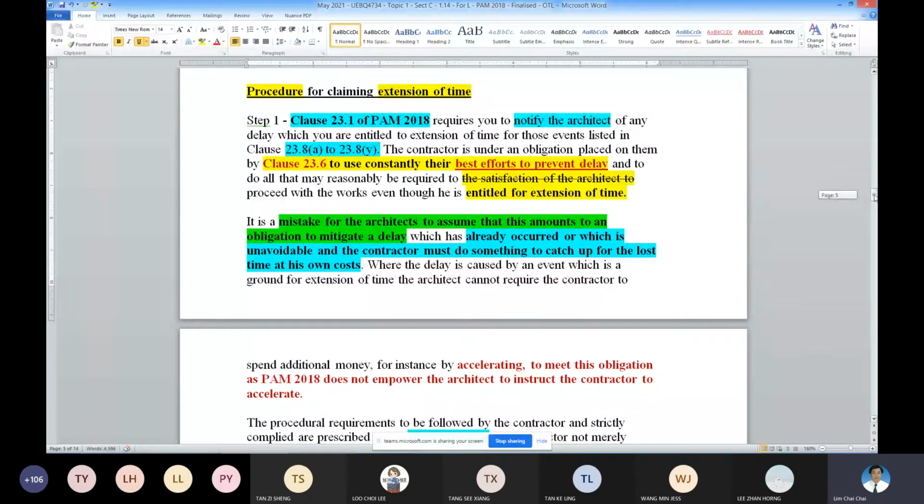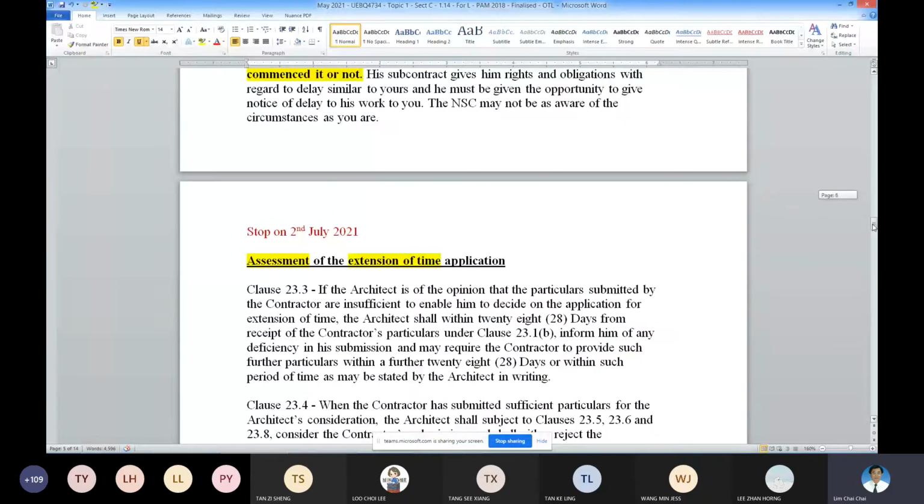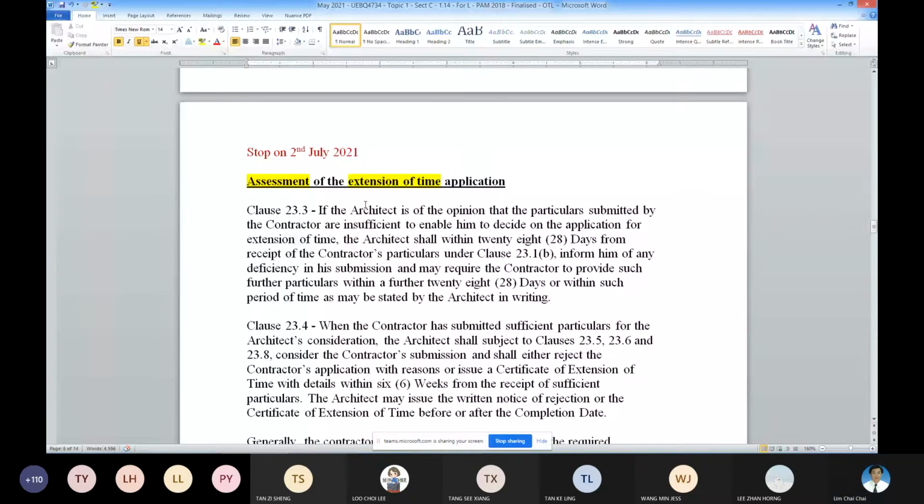So once you have submitted everything, the architect will start assessing the extension of time. The clause allowing the architect to assess is provided under clause 23.3. Okay, so 23.3 will only commence when the contractor has complied with all the particulars within the time frame.